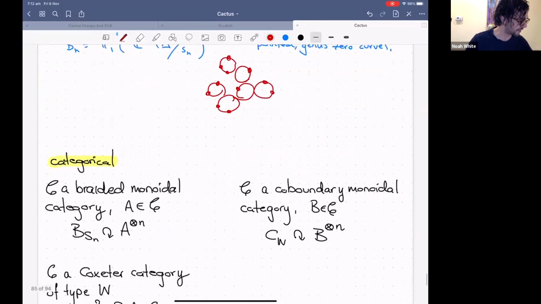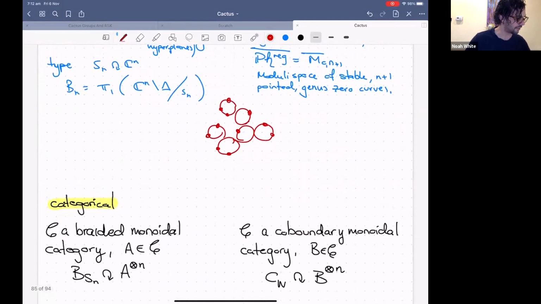But okay, let's see some other places that the cactus group pops up, or some actions of the cactus group. The next is categorical in nature, so maybe more familiar as well. If you have a braided monoidal category, something like the representations of a quantum group, then any object's n-fold tensor product has an action of the type A braid group.